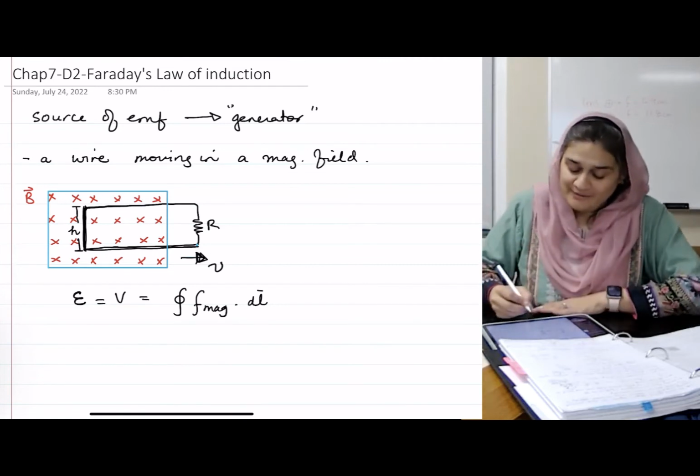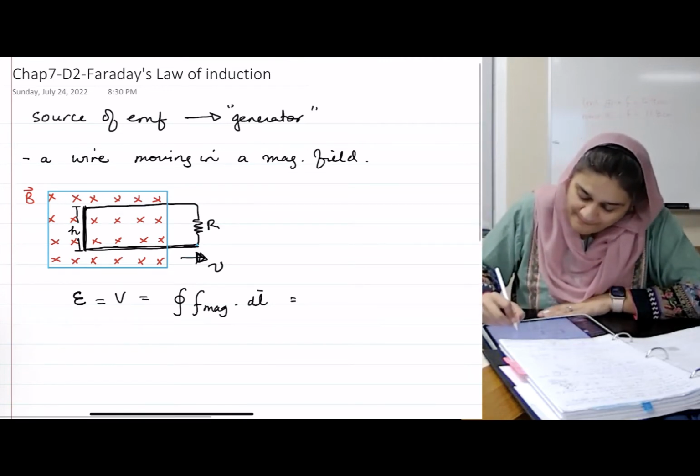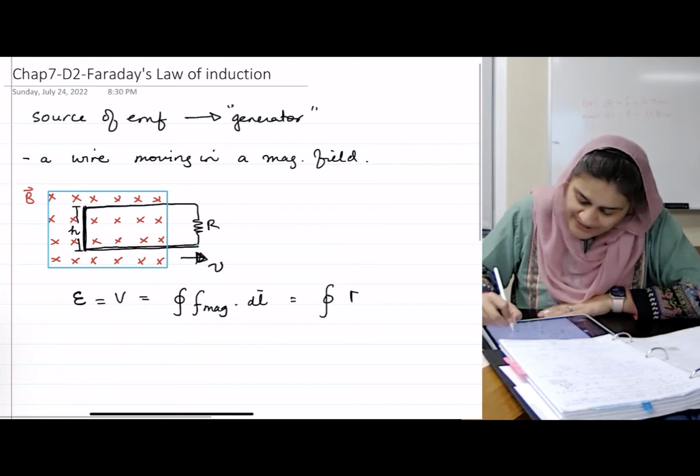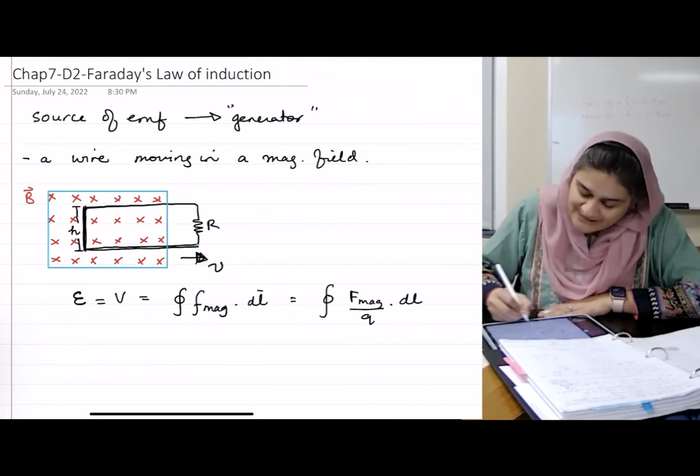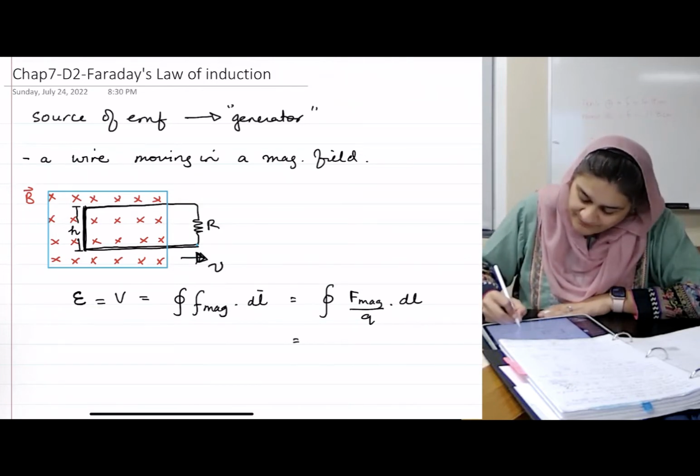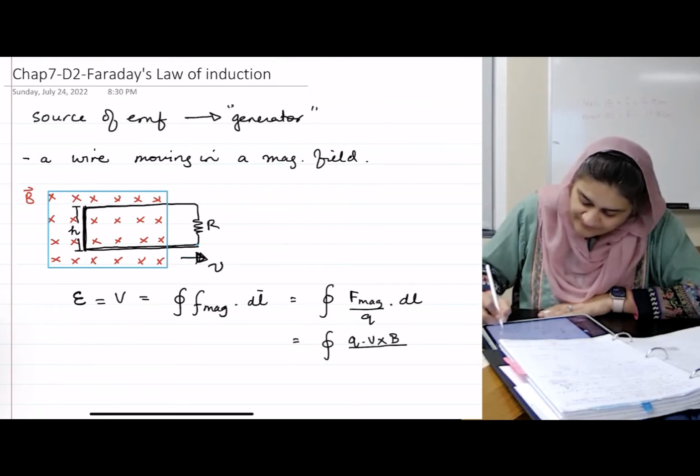Okay, so may I write this then as F magnetic divided by Q dot dl? Yes? May I replace F magnetic with QV cross B divided by Q dl?